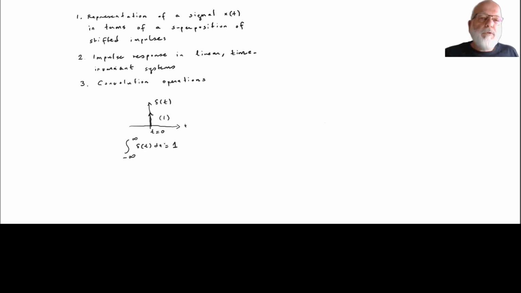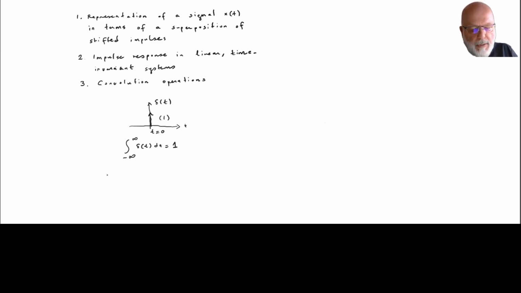Now, we also know the sampling property of the impulse. That means if we multiply an arbitrary signal by an impulse and integrate, we get the value of the signal at that particular time instant where the impulse strikes.